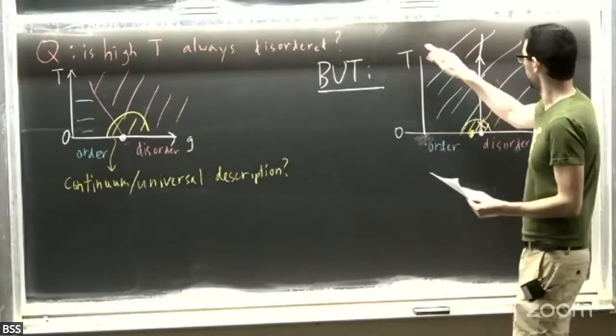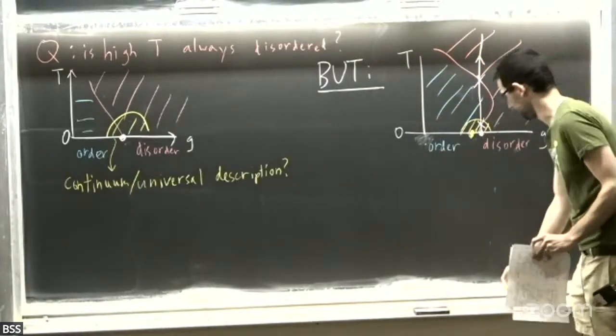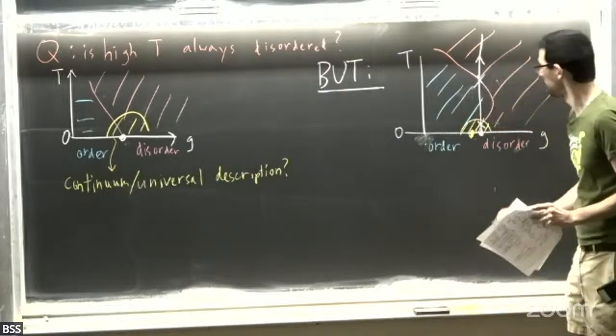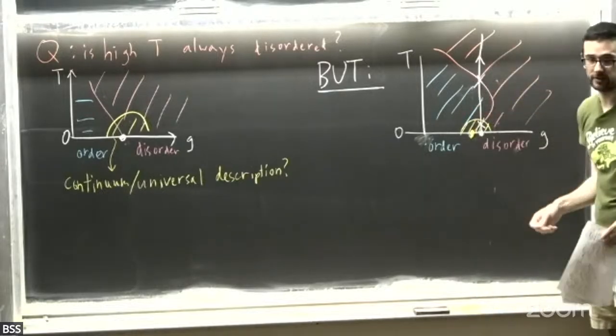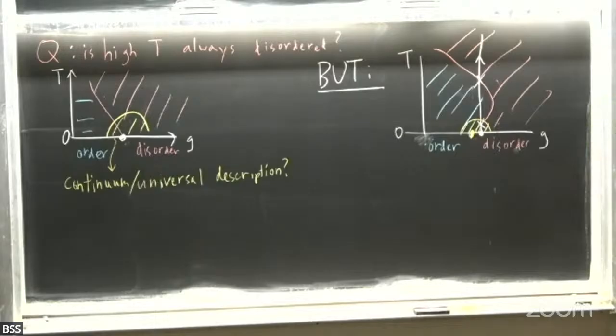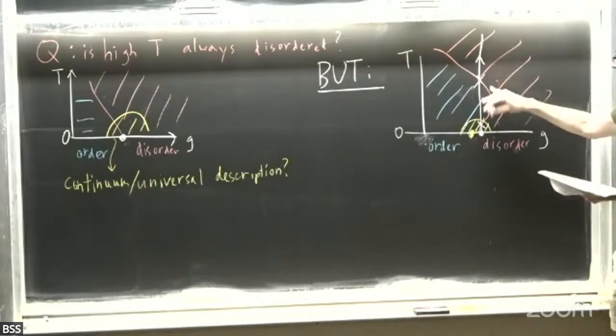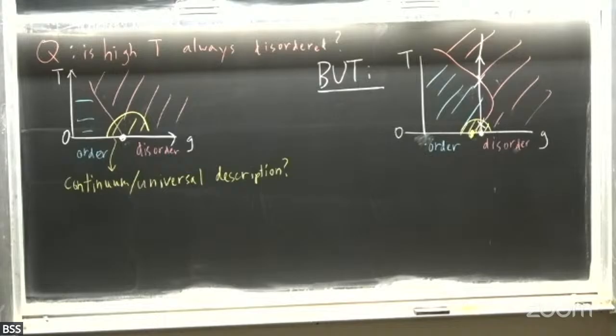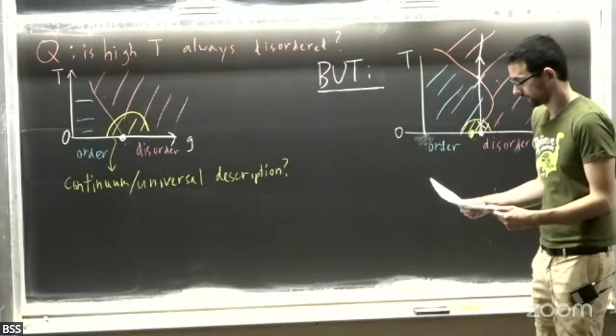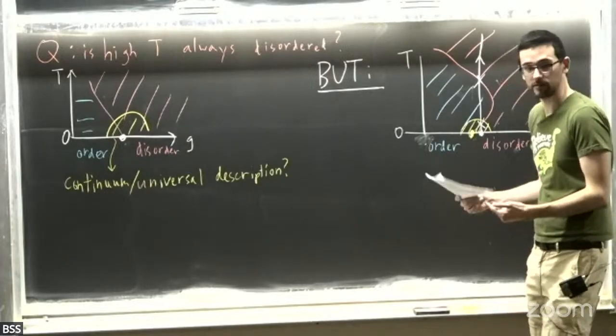There are physical realizations of phase diagrams that have this shape, but it's been very mysterious. Is there a field theory that could possibly describe that point? Or is this phenomenon very intrinsically a lattice effect, which can't be realized in some universal language? That's the puzzle that we would like to address.